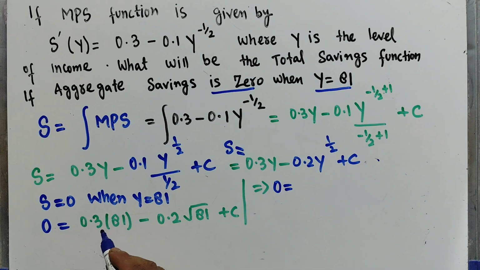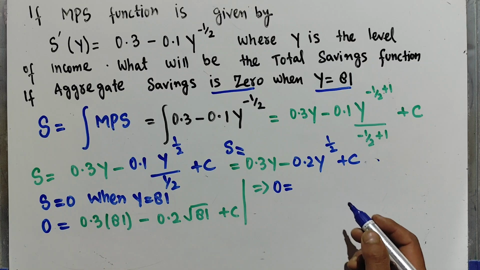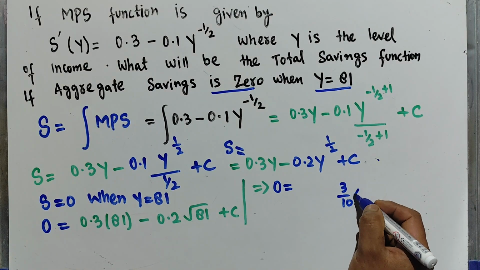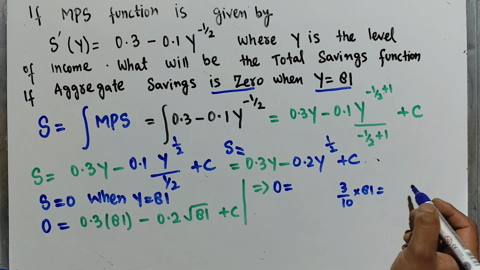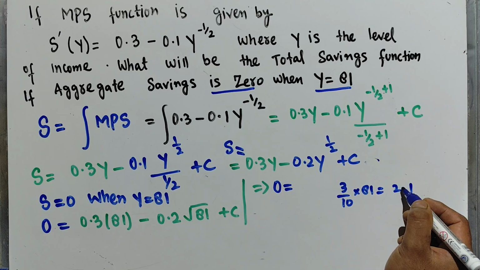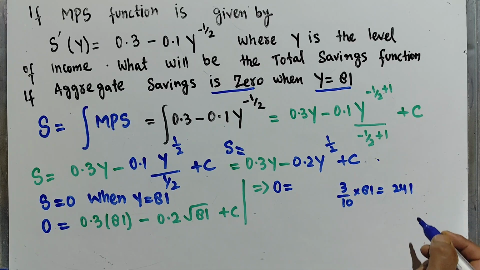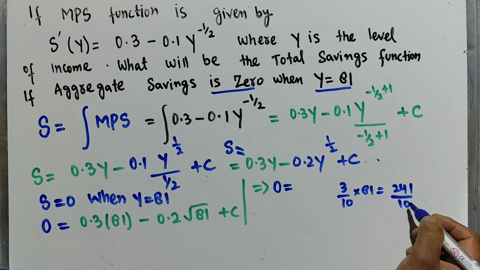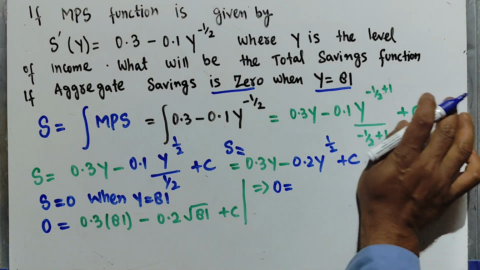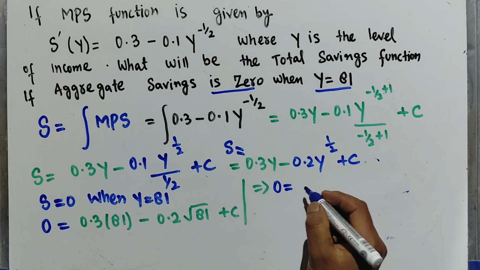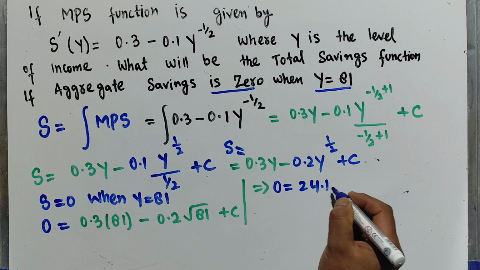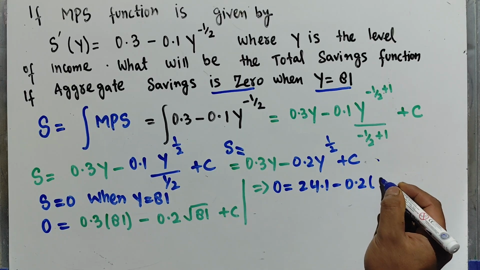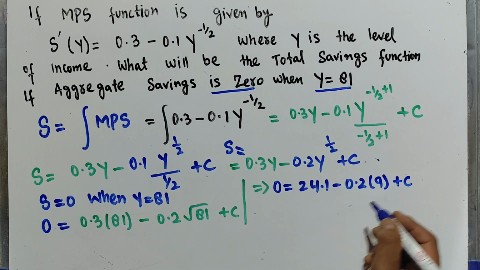Solving this, we have 0 equal to 0.3 of 81. Let us solve this first. 3/10 of 81: 3 ones are 3, 3 eights are 24, so 24.3 divided by 10... so this comes out to be 24.3. Then minus 0.2 times the square root of 81, which is 9, plus the constant of integration.